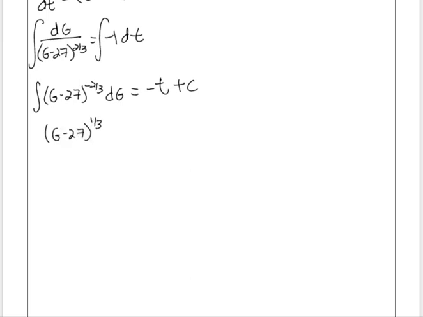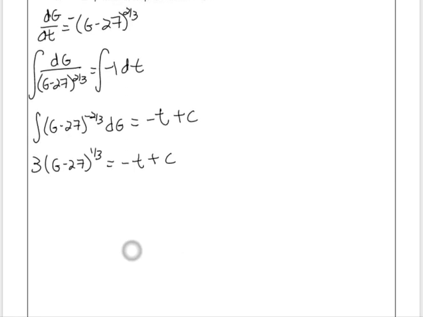But then we have to think about the chain rule that would come from it. So if I had a 1/3 and needed to drop it, I would need a 3 in front in order to cancel it. And there's no chain rule from the g minus 27, which is kind of nice. So we don't have to worry about that. -t plus c.